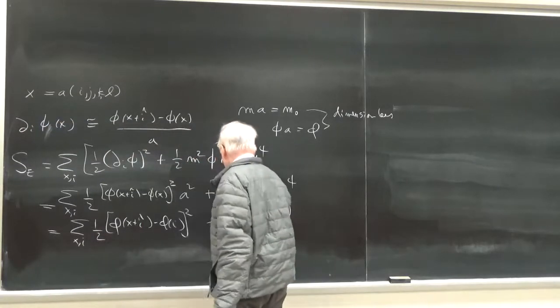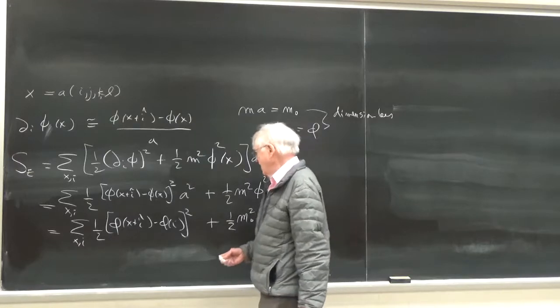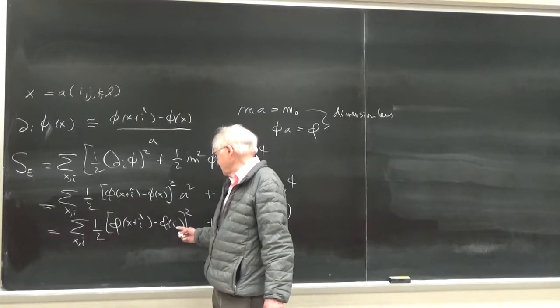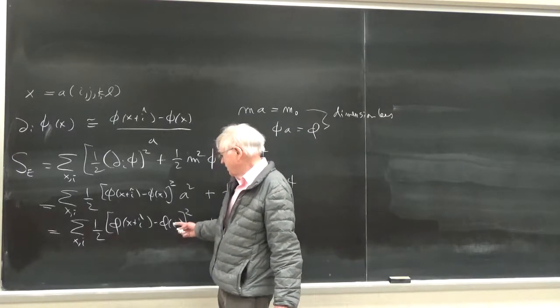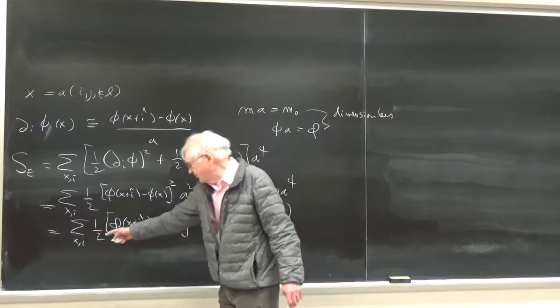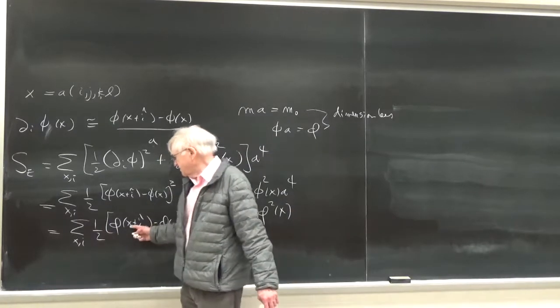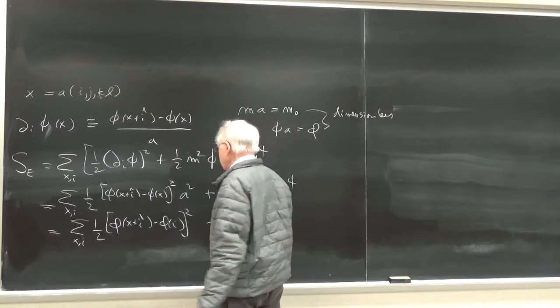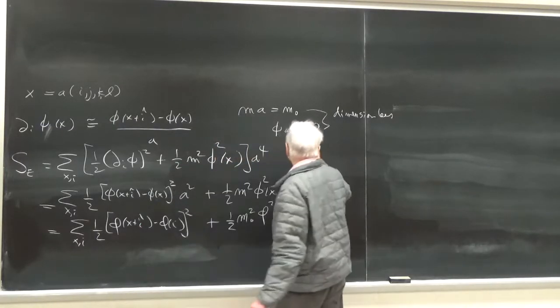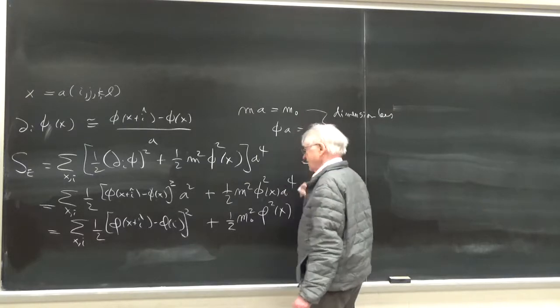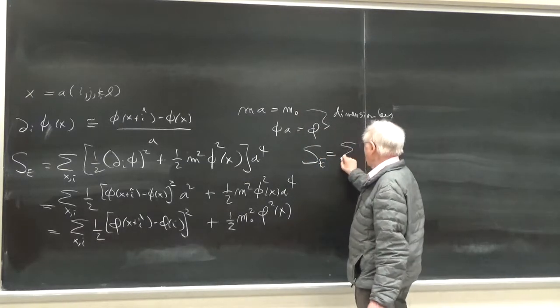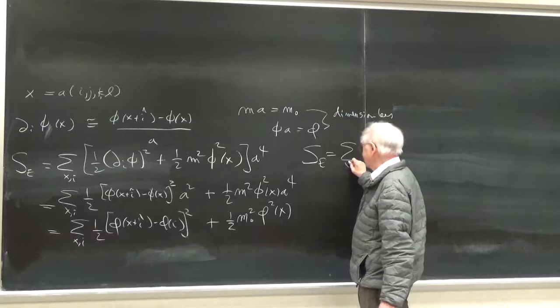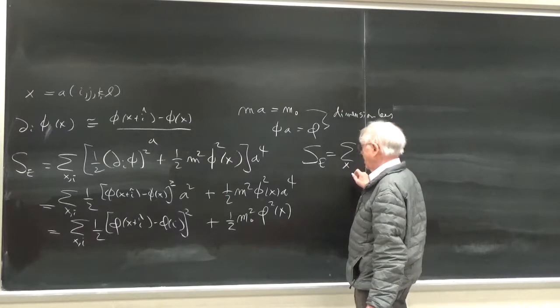So these are all dimensionless variables. And now we can see that this thing comes in 4 times because there are 4 directions here. So it's altogether 8.